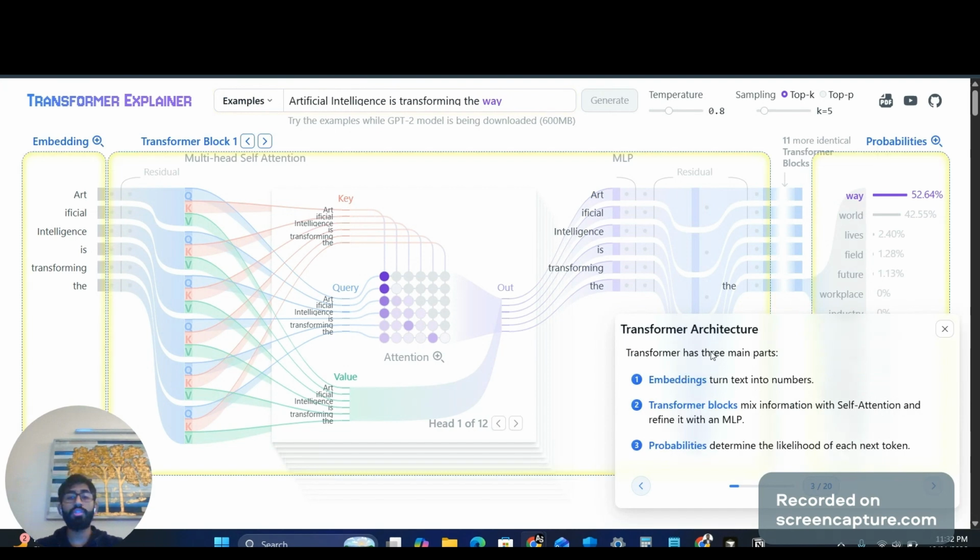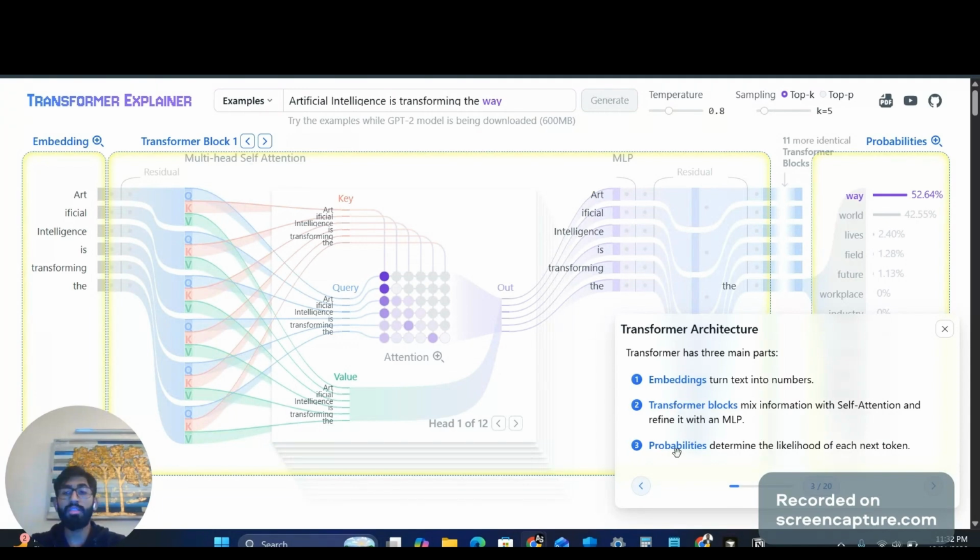The transformer architecture has three main parts. The first part is embeddings, which turns text into numbers. The second part is transformer blocks, which mix information with self-attention heads and refine it with an MLP block. MLP is multi-layer perceptron, so we'll look into it more later on.